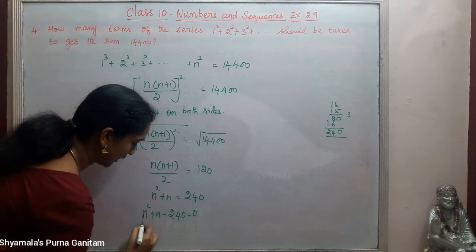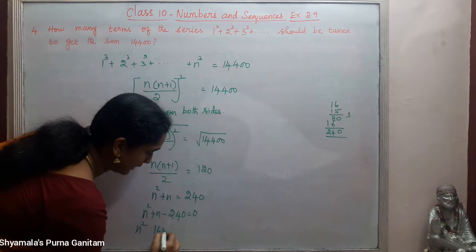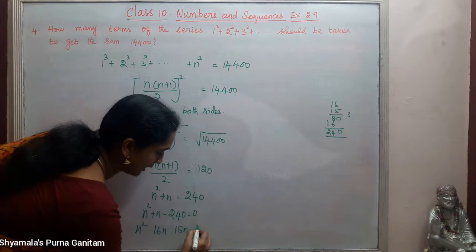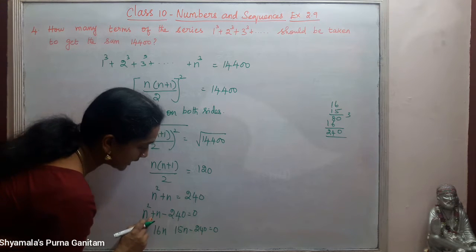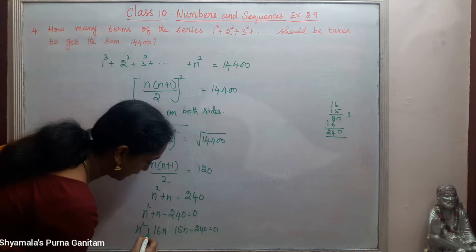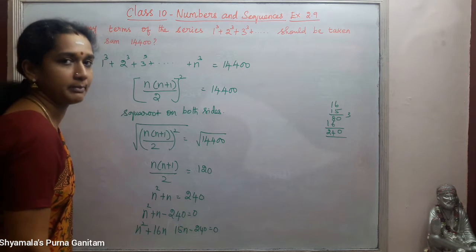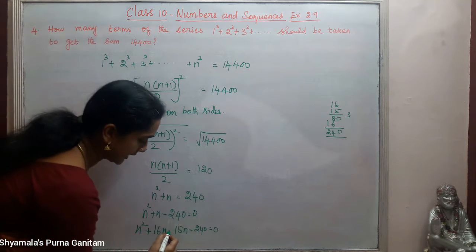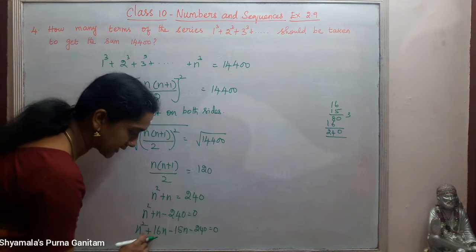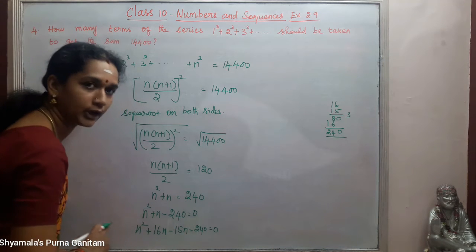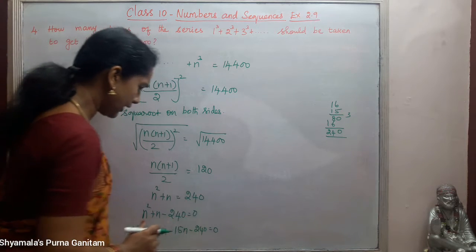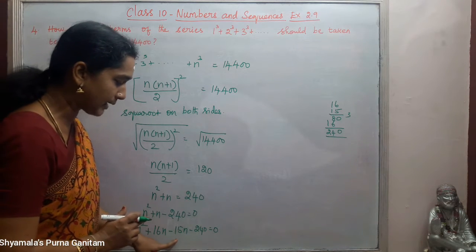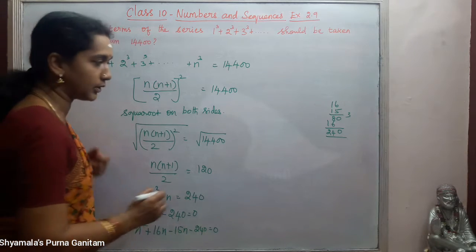Okay, so n squared, 16n and 15n when we multiply, we will get 240. Here positive sign is there for the sum, so the bigger number is to be taken for the bigger number. So that is plus 16 minus 15. When we find the difference of this, we will get plus n. Okay, so n squared plus 16n minus 15n minus 240 is equal to 0.